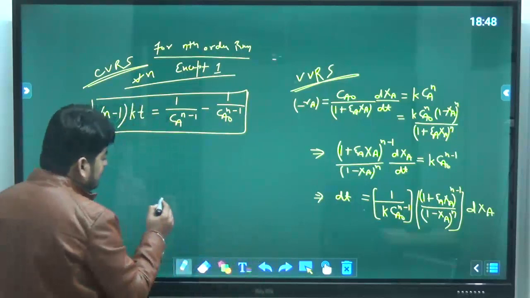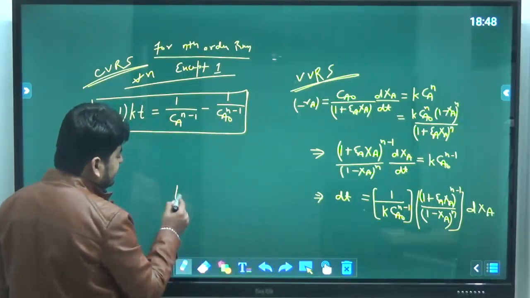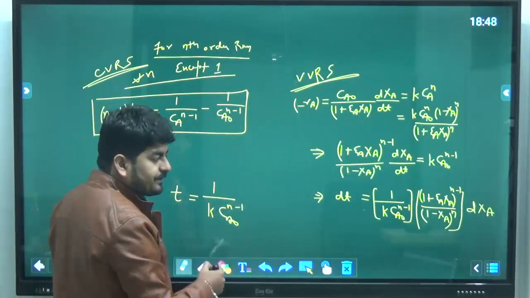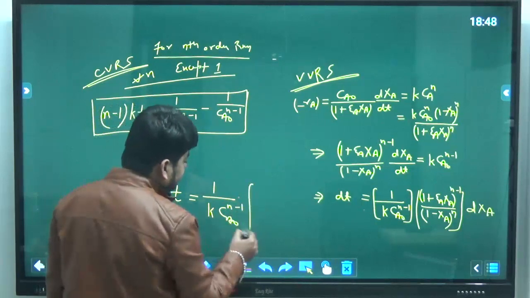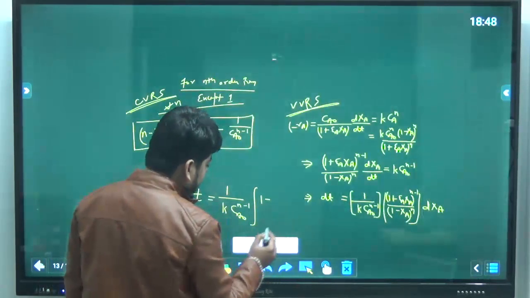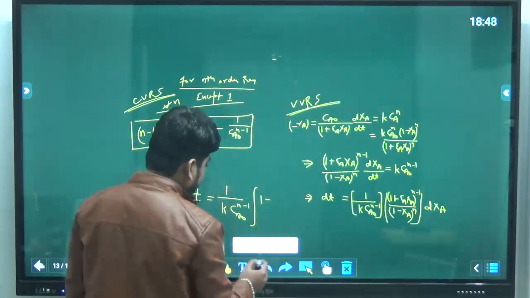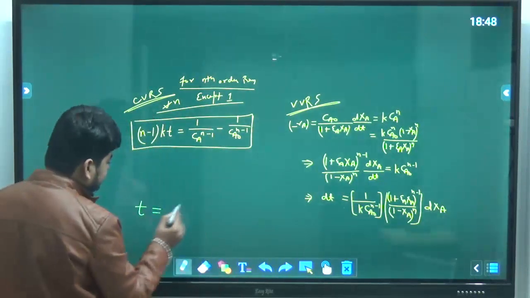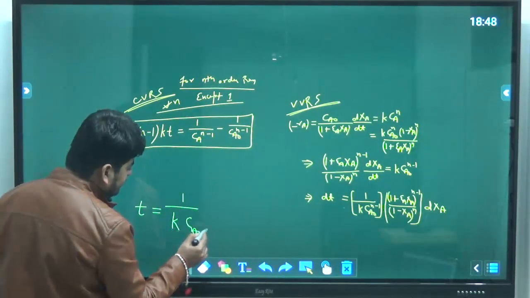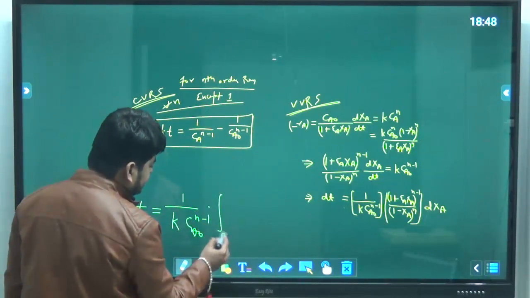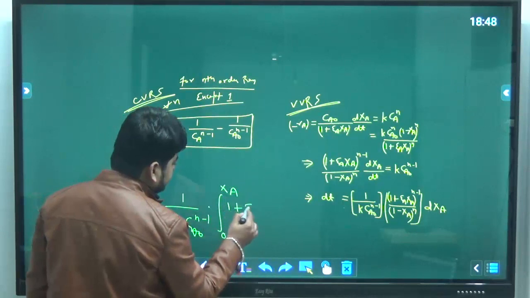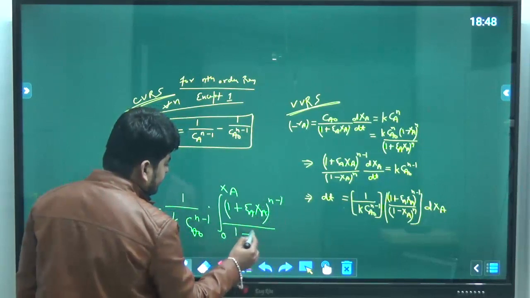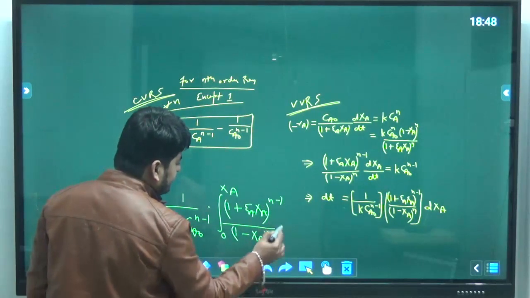Okay, so if you integrate this, ultimately you will get T is equal to 1 over k Ca naught power n minus 1 multiplied by the integration from 0 to xa of 1 plus epsilon A xa power n minus 1 over 1 minus xa power n into dxa.